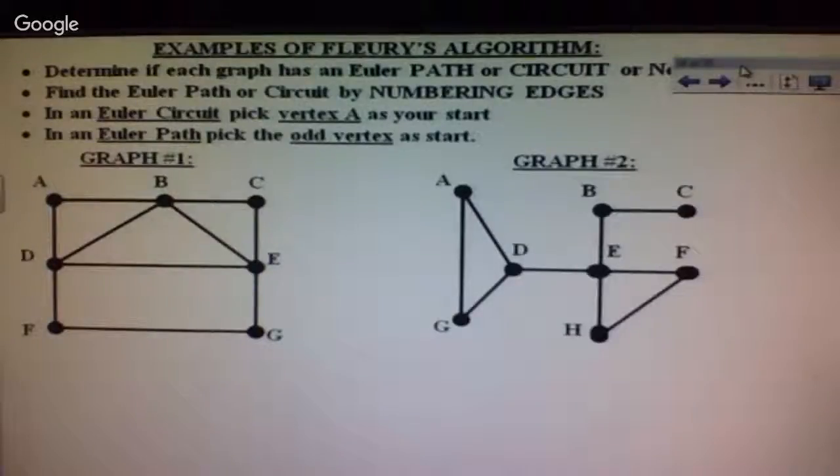I'm going to help you out. You have 5 circuits, 5 paths, and 1 neither. A path has to have exactly 2 odds. So you have 5 circuits, 5 paths, 1 neither.